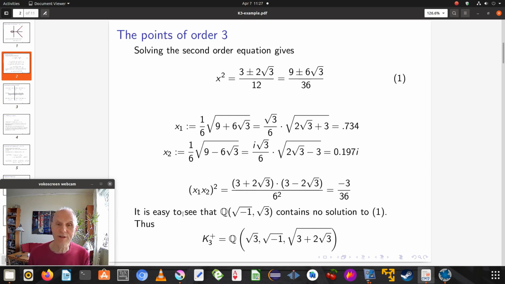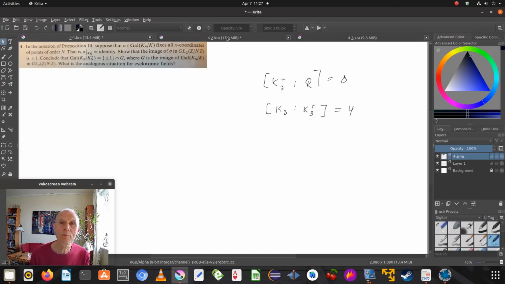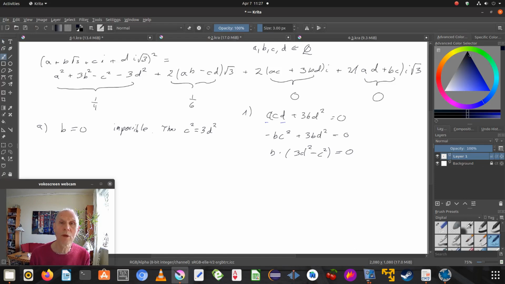That's easy to see, but it does require some work. So what I did was that I wrote an element in the field, where A, B, C, D are rational.